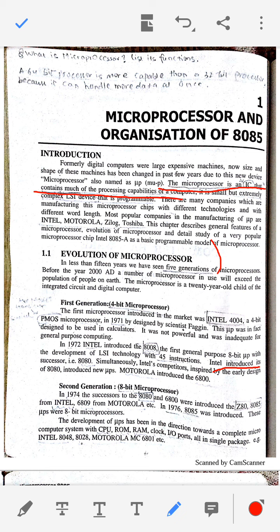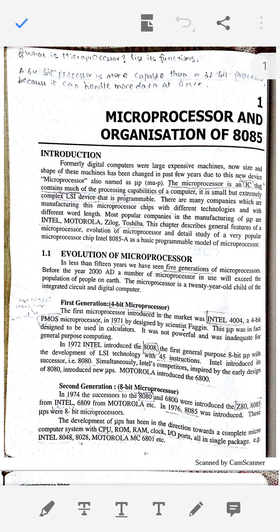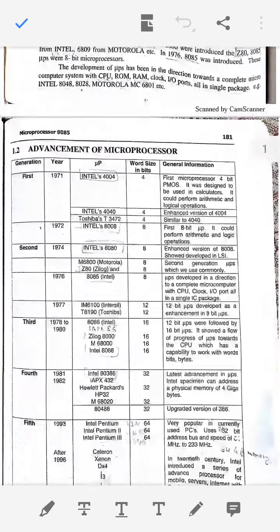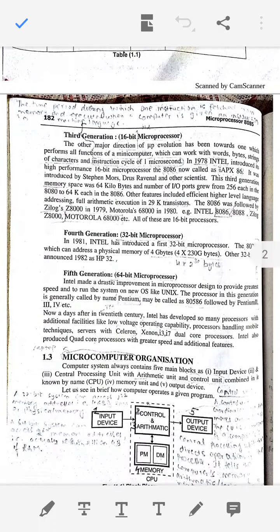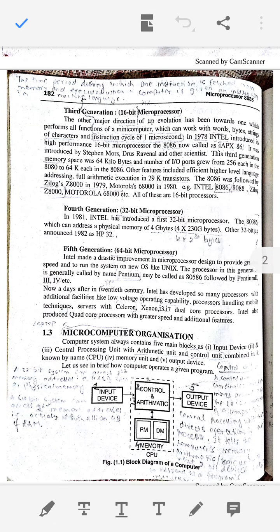Then we will talk about the third generation microprocessor. The third generation was 16-bit microprocessor. Here we are going to talk about the year 1978.